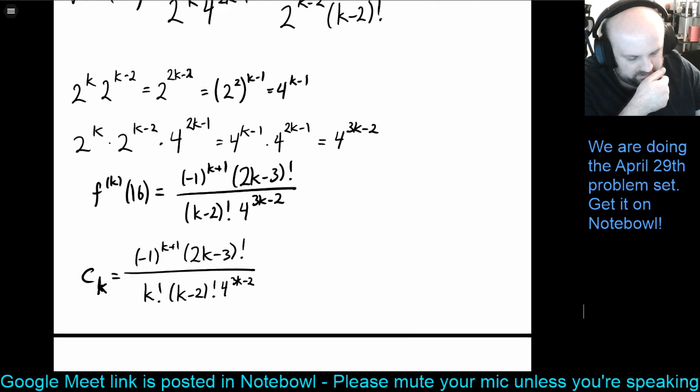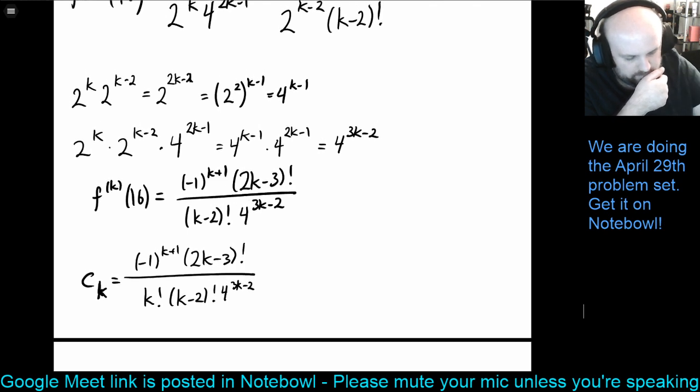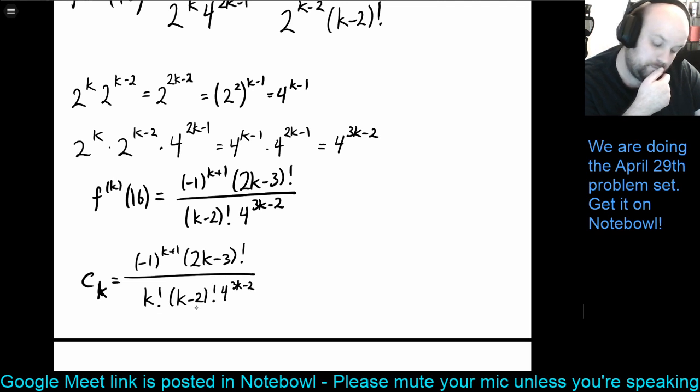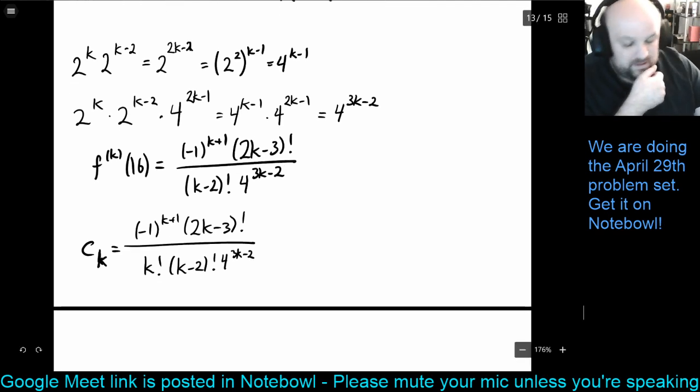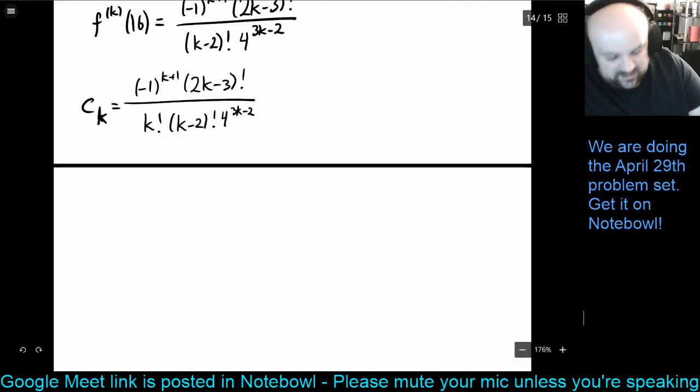What happens if we plug in k equals 1? We get negative 1 factorial on top, negative 1 factorial here as well. Alright, so that's probably as good as that's going to get.